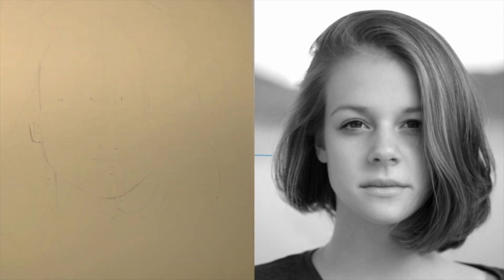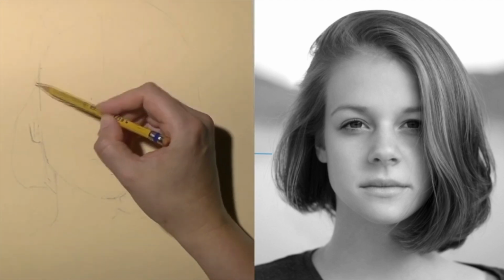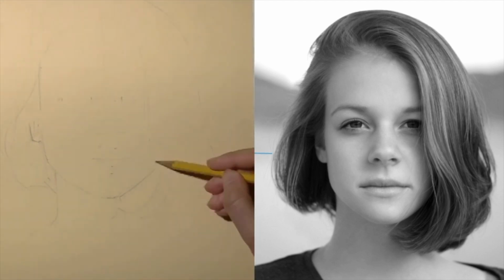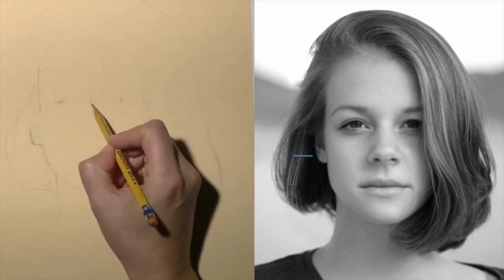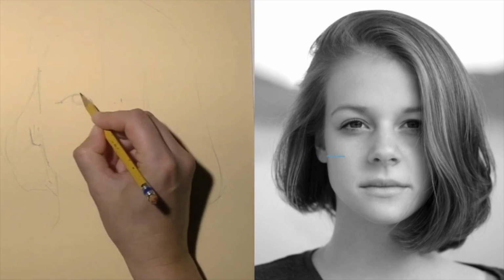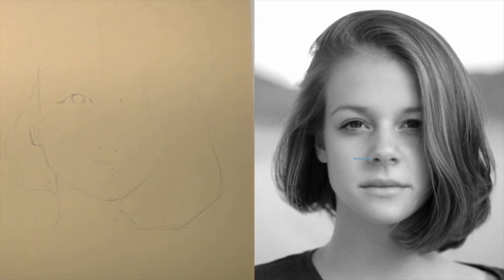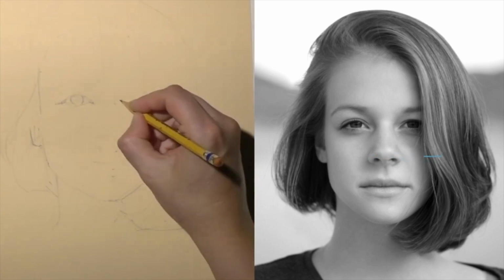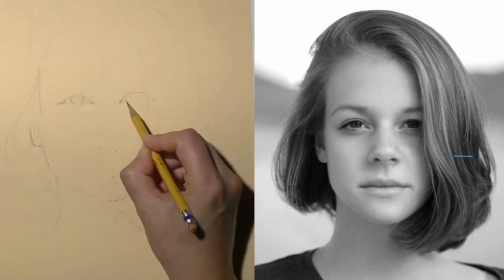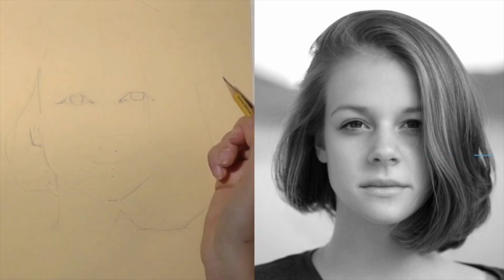Then, without moving the finger on your pencil, you are moving the whole hand and counting how many of these units are in the whole width of this photograph. So this is 1, 2, 3, 4, 5, 6, 7, 8, 9, 10.